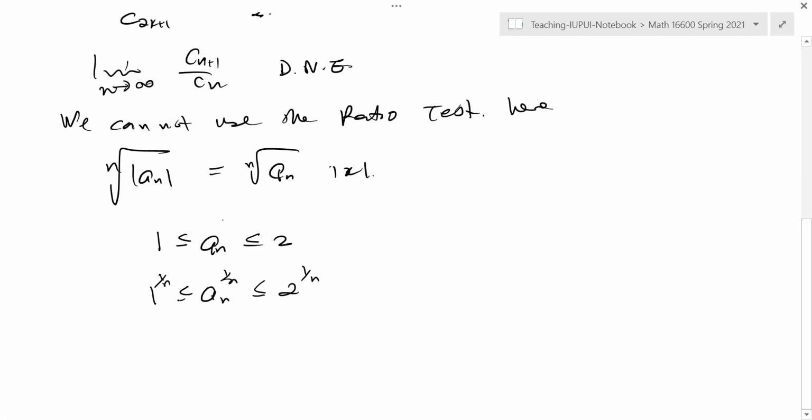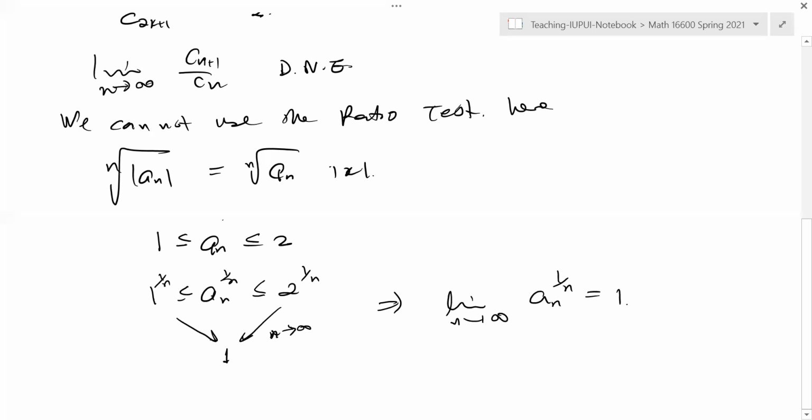But when n approaches infinity, 1 to the 1/n also approaches 1. So by the squeeze lemma, when n approaches infinity, 2 to the 1/n approaches 1. So that forces the limit of the nth root of c_n to be 1.